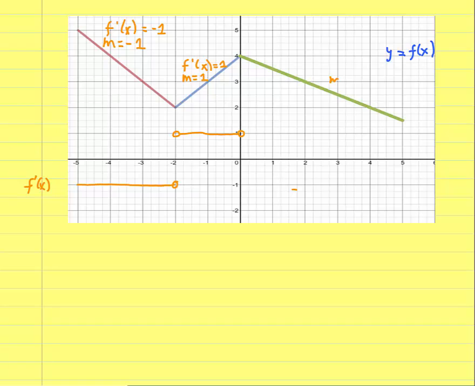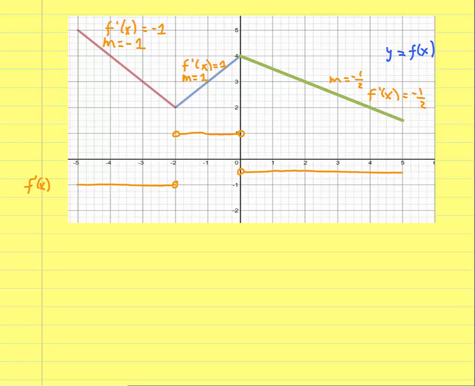Over here I can look at the slope and I can say, okay, I drop 1, run 2, so my slope is -1/2. That tells me that the derivative on this interval is equal to -1/2 as well. Well, -1/2 is down here in the y region, and I have a hollow point here right to this point, and then that graph continues on, we'll assume.